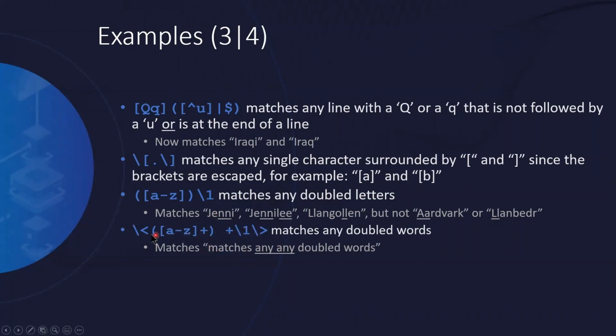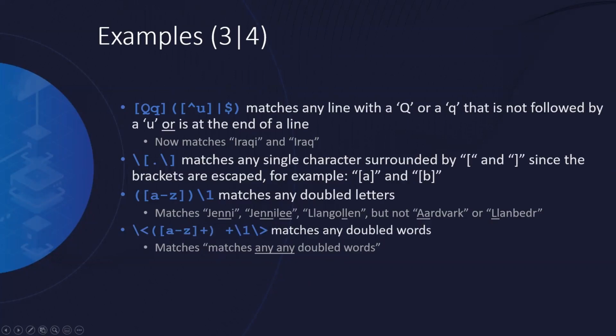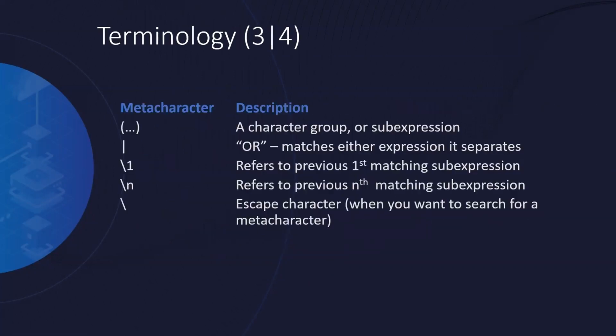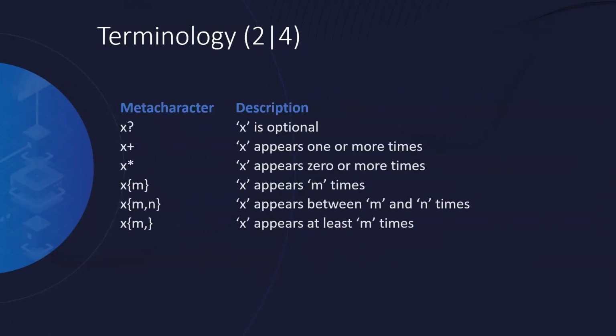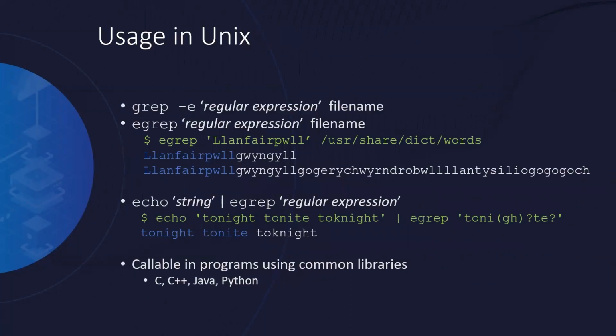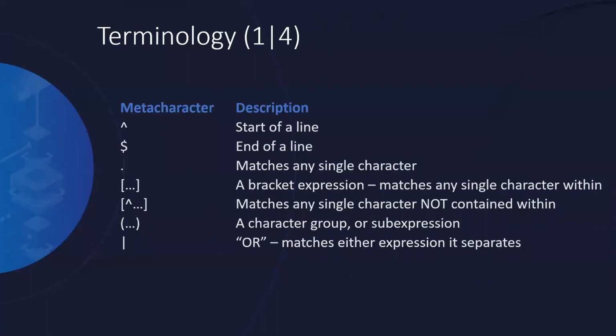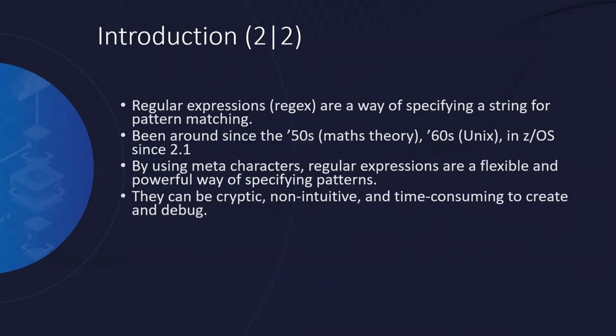Let's have a look at this one. So I am now looking for any doubled words. So plus means, oops, let's go back, sorry. Let's go back a few to see if we can remember what plus means.